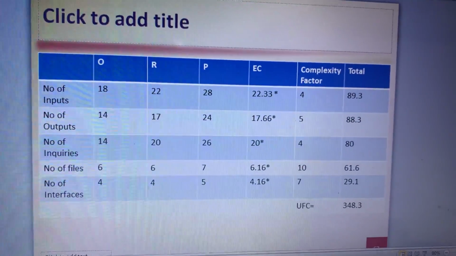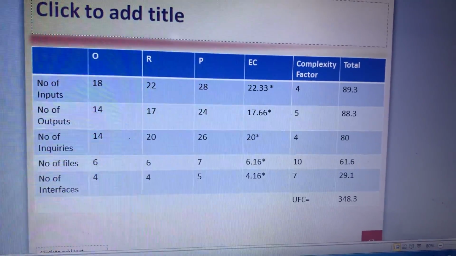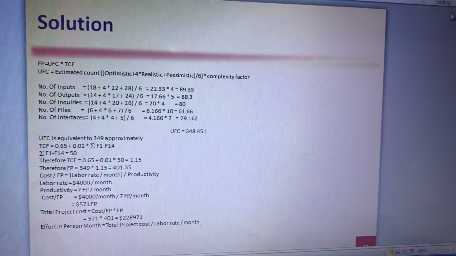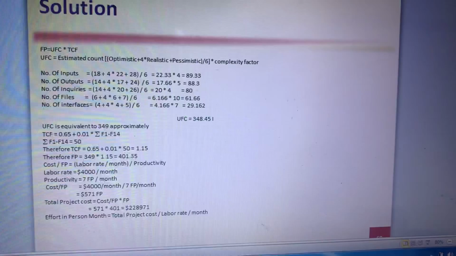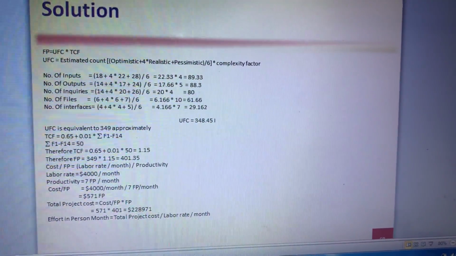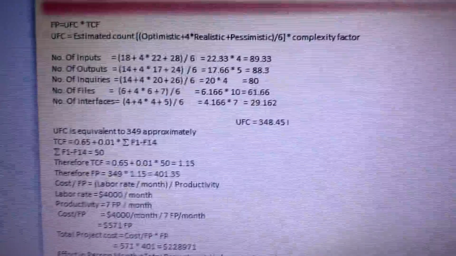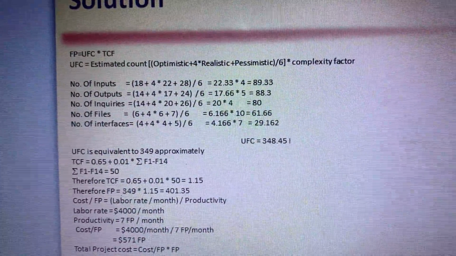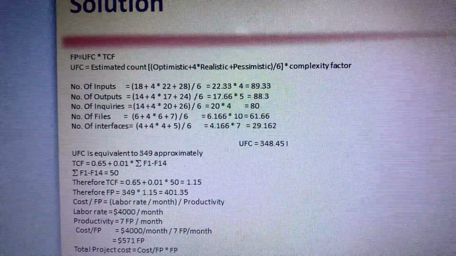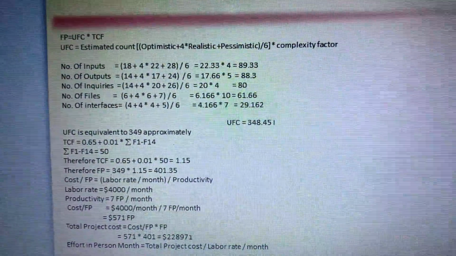So we have O, R, P, we have EC, then we multiply with the complexity factor, and then you have the UFC. Because sigma Fi is 50, we have TCF 1.15, and we multiply UFC with the TCF, which is 349 approximately.